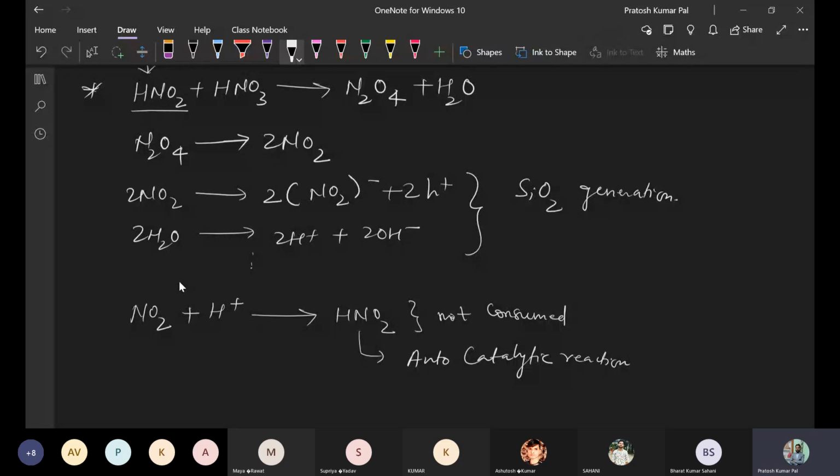And one more point is, if we are limiting this HNO2, that will limit the complete etching process. So this reaction is called the rate limiting reaction. So the rate of etching will be governed by the HNO2 concentration and the HNO2 reaction with HNO3. So this reaction is considered the rate limiting reaction.